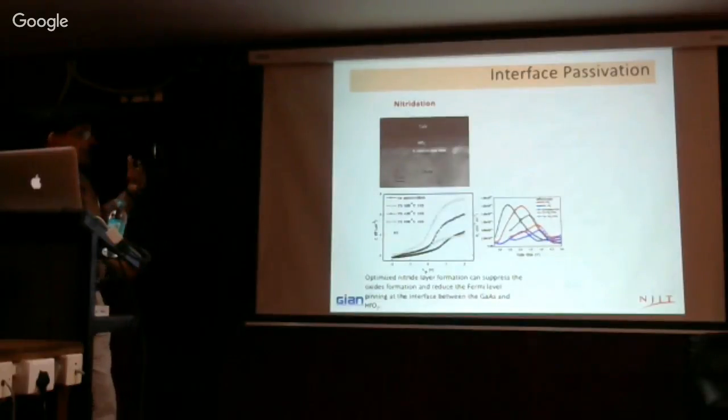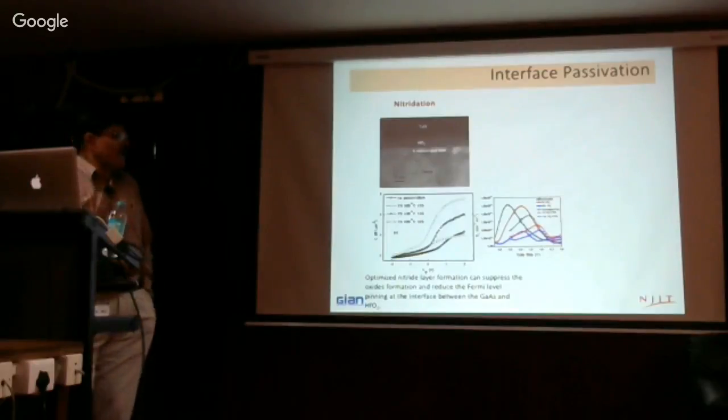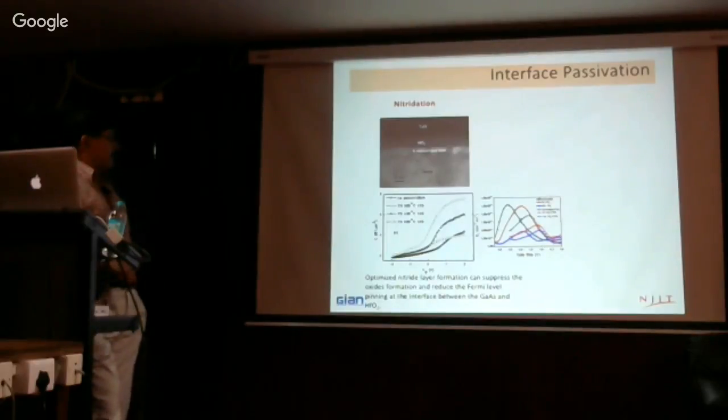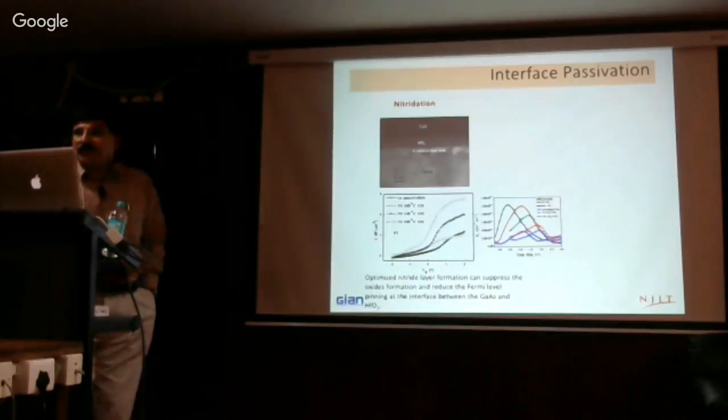Then we looked at some other groups. They had done a nitrogen incorporated layer in the interfacial layer with gallium arsenide, and their CV curves were very bad also. So I asked them in the conference what happened, and they said, we don't get good devices.